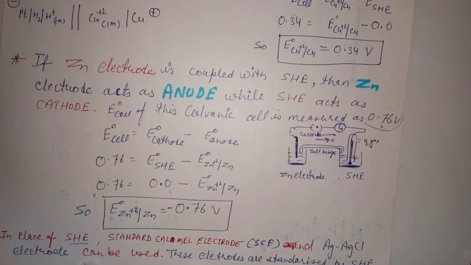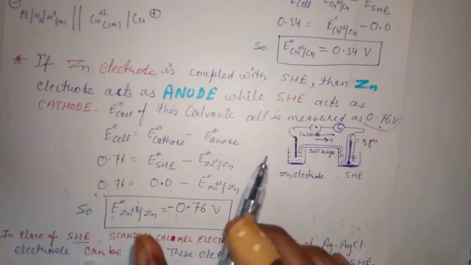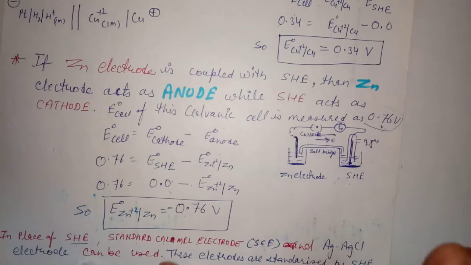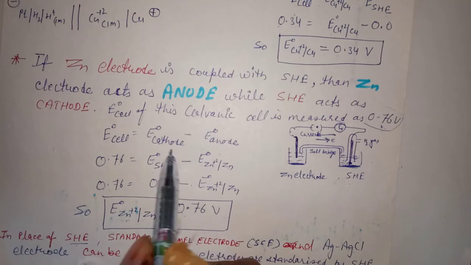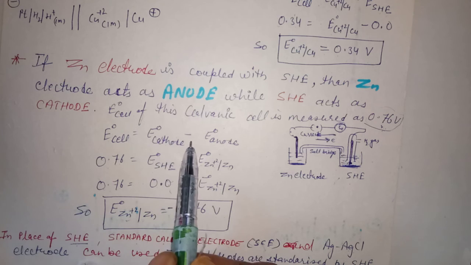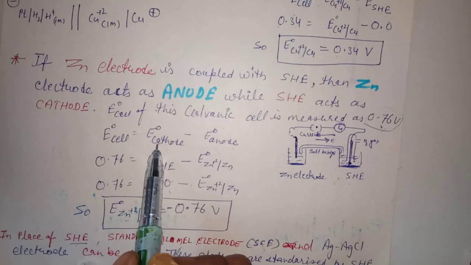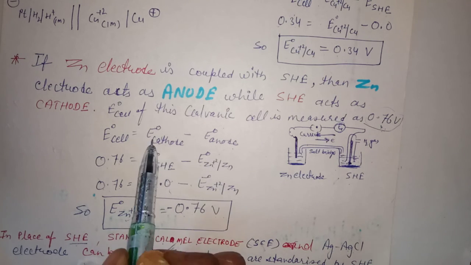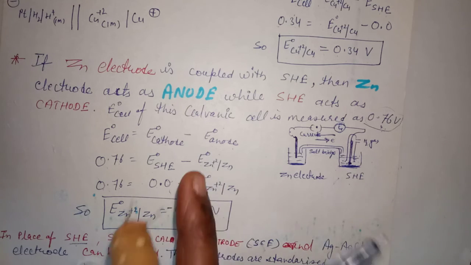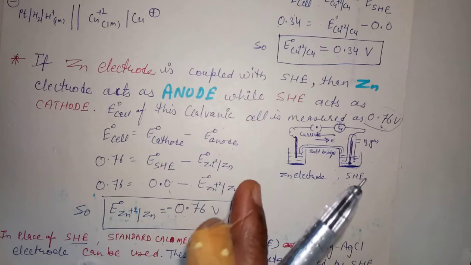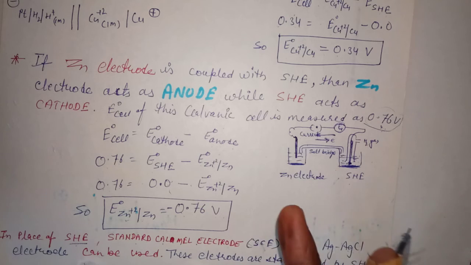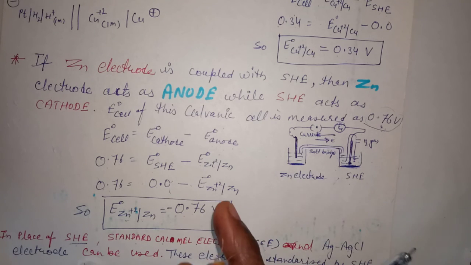All the electrode potentials are measured in the form of reduction potential. We show the electrode potential in the form of E reduction, not E oxidation. It is compulsory, since we are subtracting E cathode minus E anode, that the electrode potentials of cathode and anode should be of the same type, which means both should be oxidation potential or both should be reduction potential.